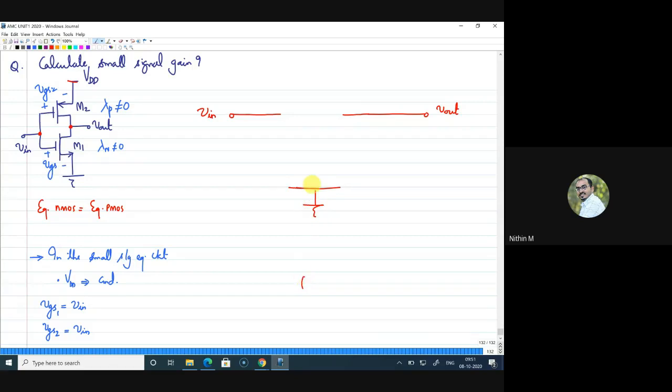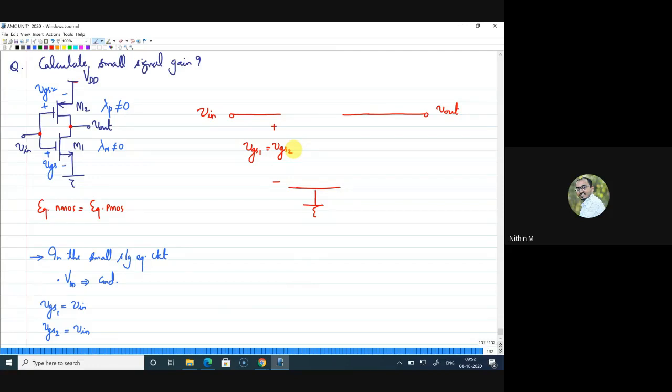Now, Vin is between where? Between the gate of both the devices and source of both the devices. So I can mark here as plus minus as VGS1 is equal to VGS2. Both are equal to Vin.